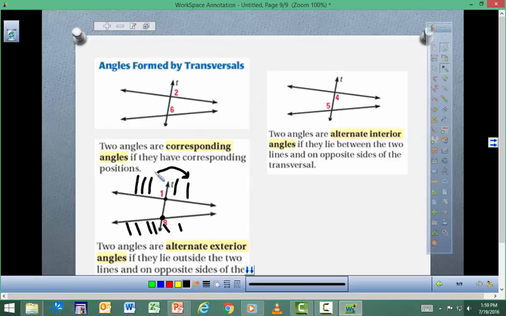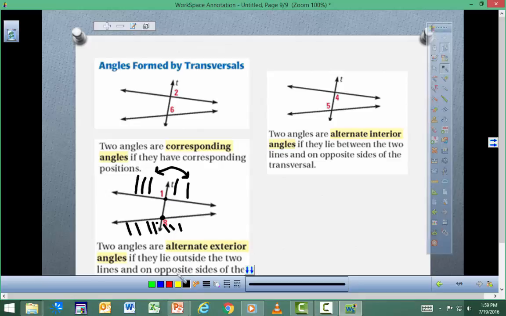So if you pick angle 1, you have to take an angle on this group down here. And there's only 2 exterior angles, and it can't be on the same side. If we pick that angle right there, it would be on the same side as 1. It has to be an alternating angle, so it has to be on the other side, which means it's this one right there.